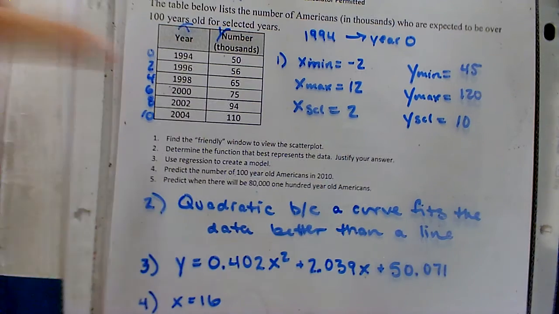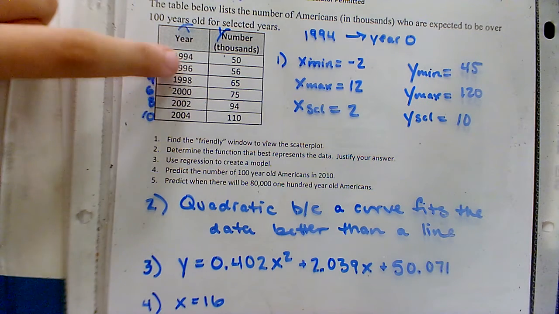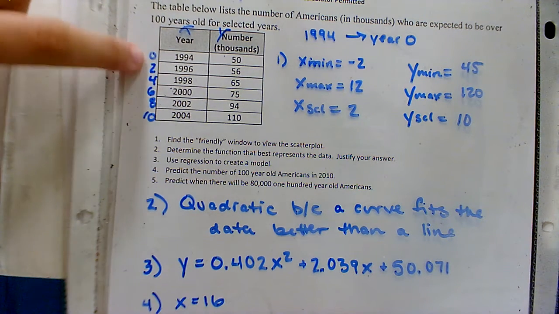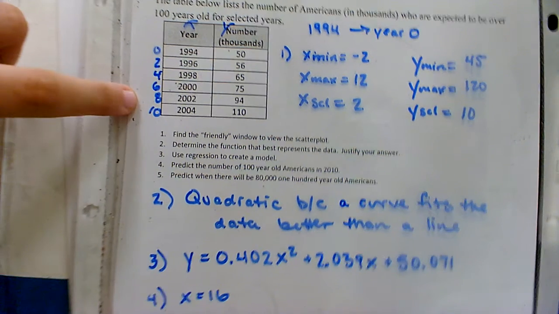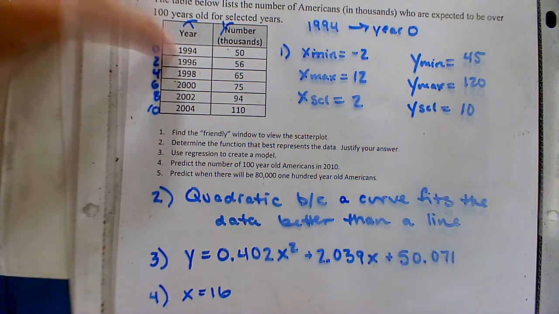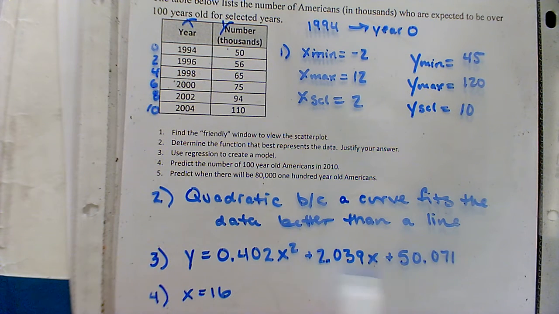Okay, remember, a little tricky, the data table actually gave us the year amount, but what we typed into our calculator were smaller values. So we have to figure out which smaller value would correlate to 2010. That's 16 years after 1994. So into your equation, using your calculator, I want you to plug in 16 for all those x's.